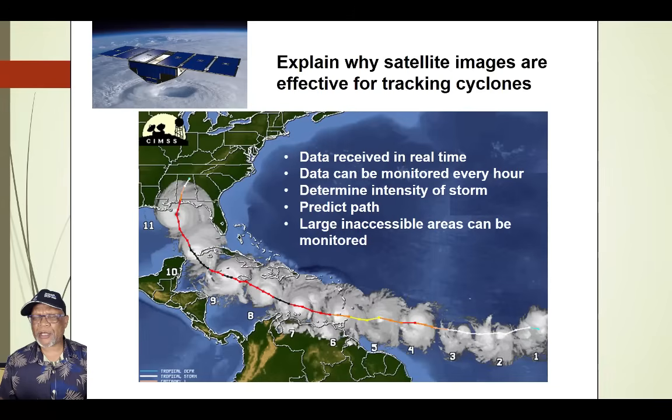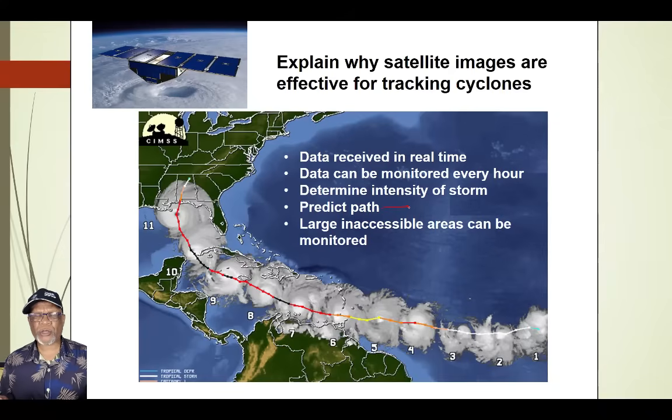It can determine the intensity of the storm, whether it is category 1, 2, or 3, and we prepare differently for different categories of storms. You can also use satellite images to predict the path so that people can be given timeous warning of which areas to avoid and which areas to go to for evacuation.